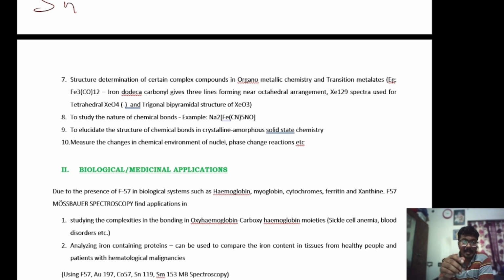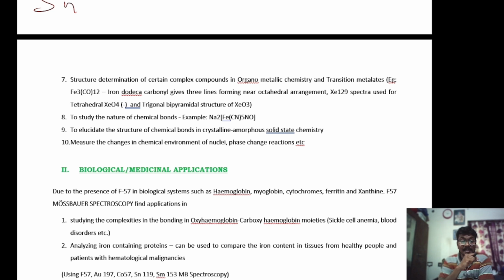Here, iron has d pi-p pi back bonding with the NO ligand, the nitroso ligand. This back bonding can be studied using Mössbauer spectroscopy, whereas other conventional methods find it very difficult. So this is one of the important applications.